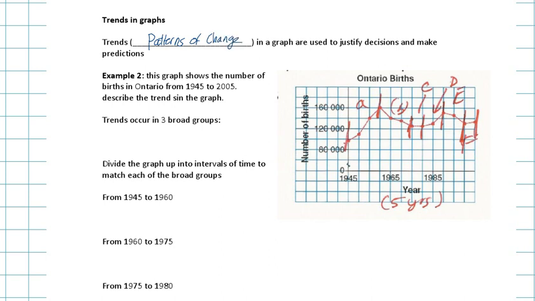A lot of the time, in order for the government, for example, to make decisions, or if we're looking at hospitals or school boards, they look at trends in the graph to see what's going on. If a board sees that enrollment is increasing every year, they probably want to open more schools, hire more teachers, or have more supervisors.